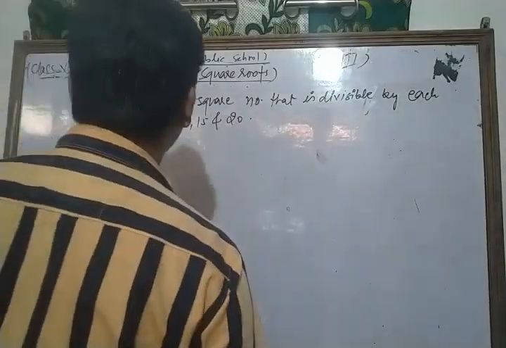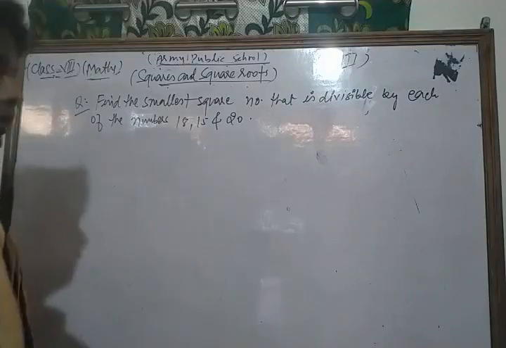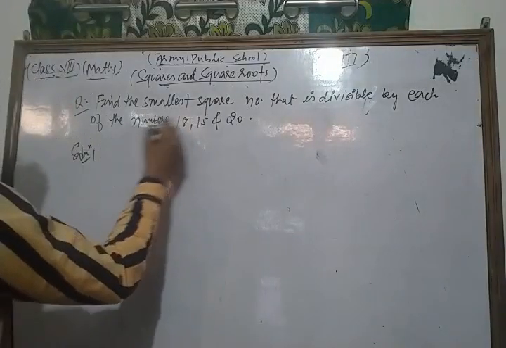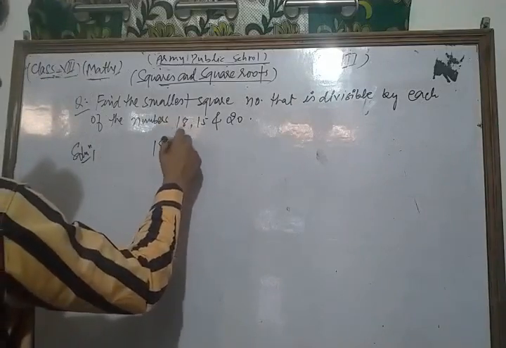Now, what is the process? First of all, in that type of question we find the LCM of 18, 15 and 20.